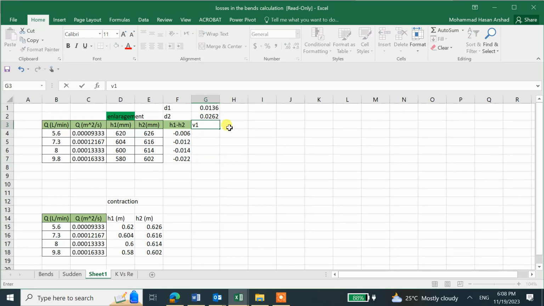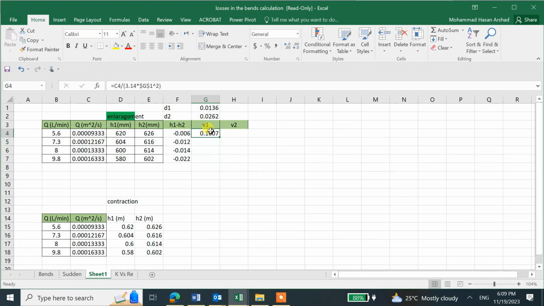So velocity 1, velocity 2. The inlet velocity is flow rate divided by area, right? So 3.14 times this one, area. This is the smaller diameter, so this is V1.